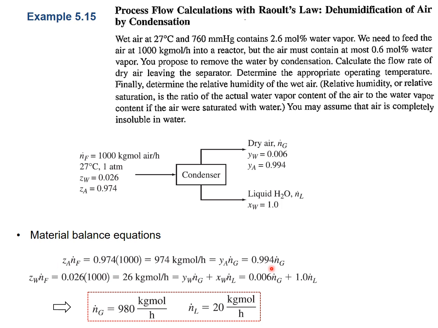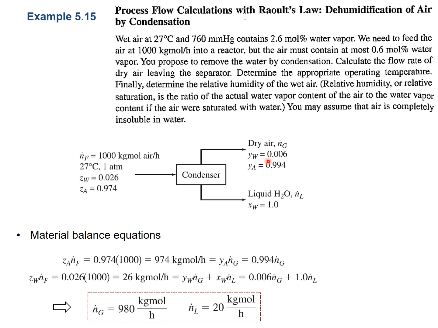The first one is for the air. Input is equal to output. Input in terms of the air is 1000 kilogram mole of air per hour by its composition, 97.4%, and that is equal to output. We have two streams, but only in the top stream do we have air.